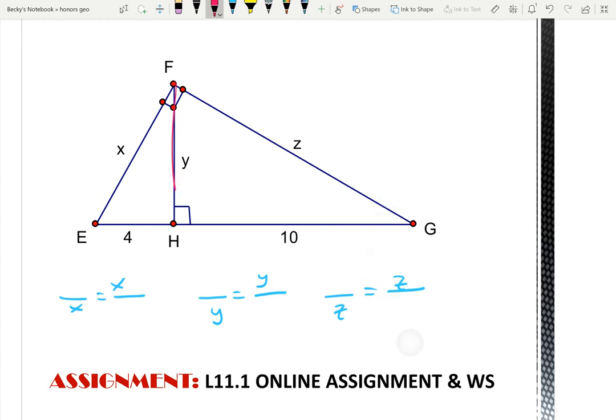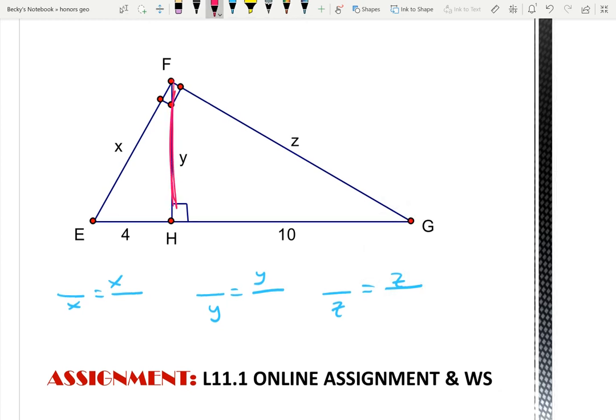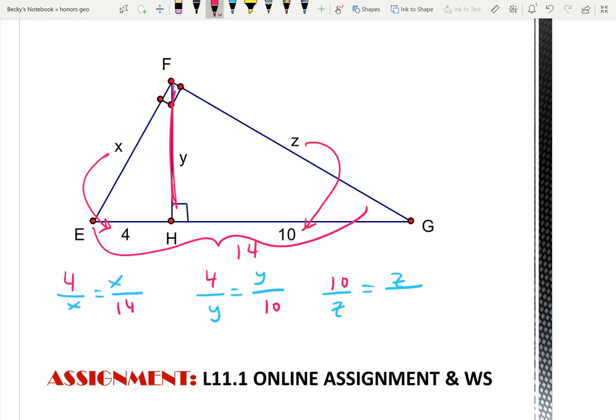I personally like just doing the part and getting it out of the way. So the 2 parts are 4 and 10. That means the x and the z are part wholes. The part here is 4, and the whole is 14. For z, the part next to it is 10, and then the whole is 14.